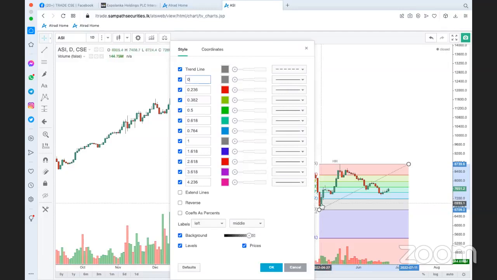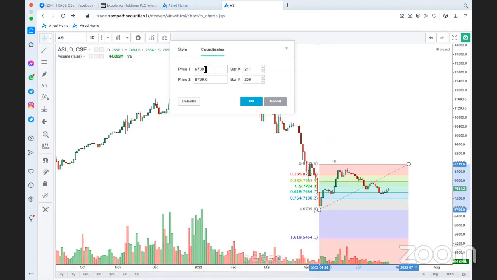Now here the low is 6724. So you go to the coordinates, we know that 6724.4. Then we go to this level, that is 8749.2. So we know that we have given the precise figures.